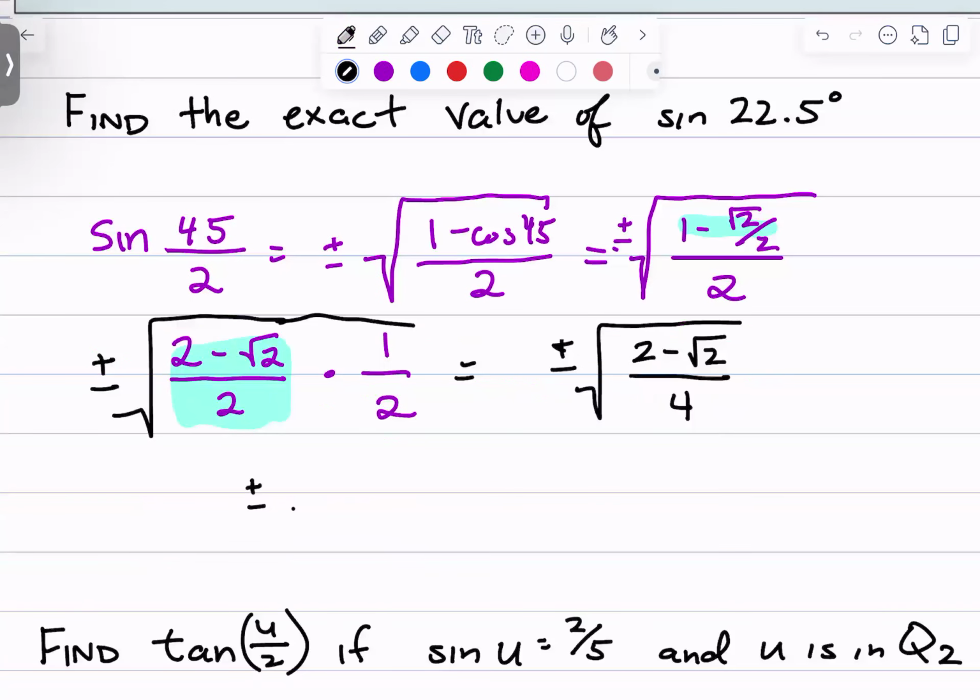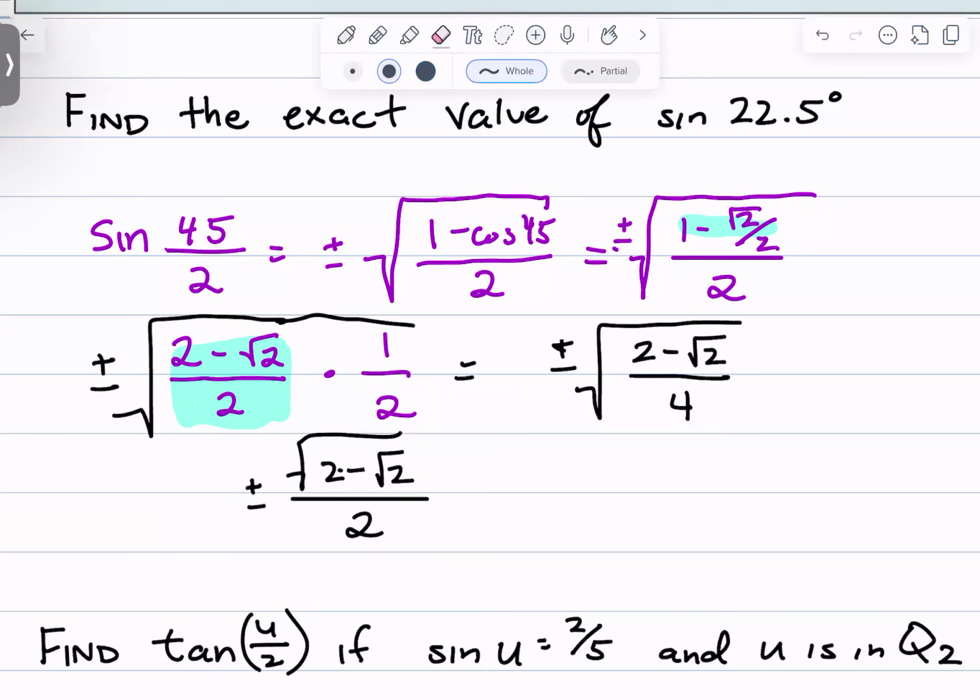This will be plus or minus square root of, not the big square root, 2 minus square root of 2 over 2. Now, is this a plus or a minus? Now, I know 22.5 is in my first quadrant.